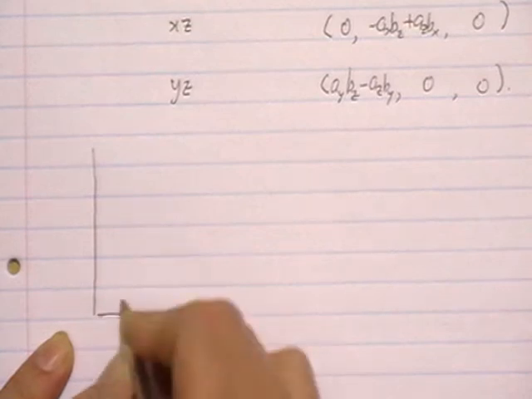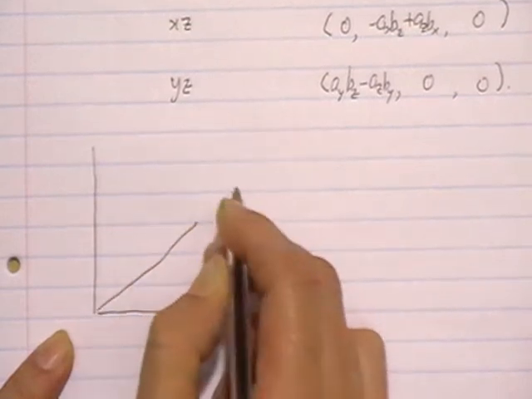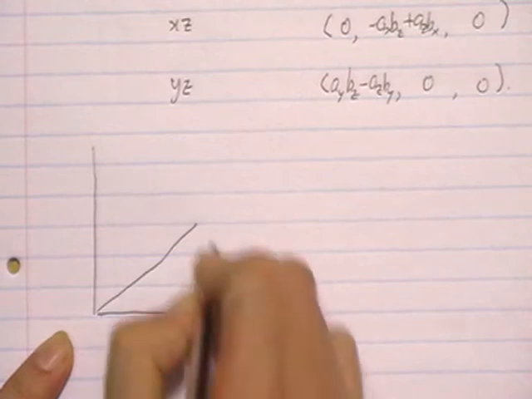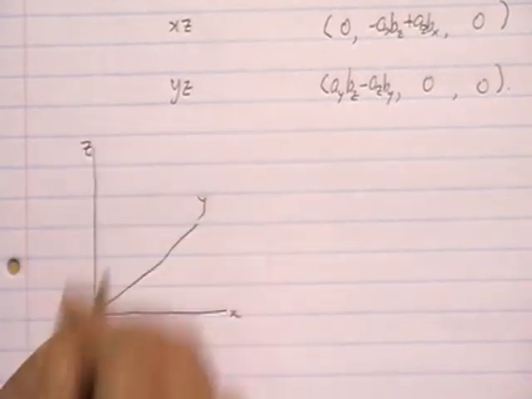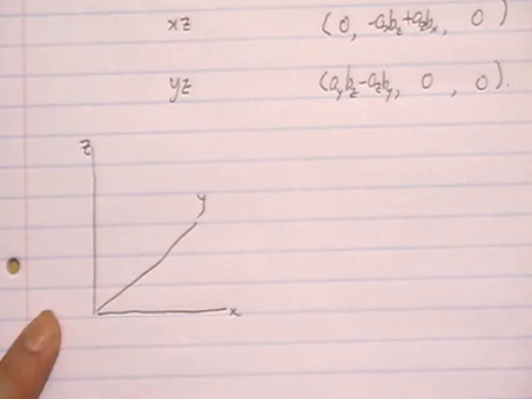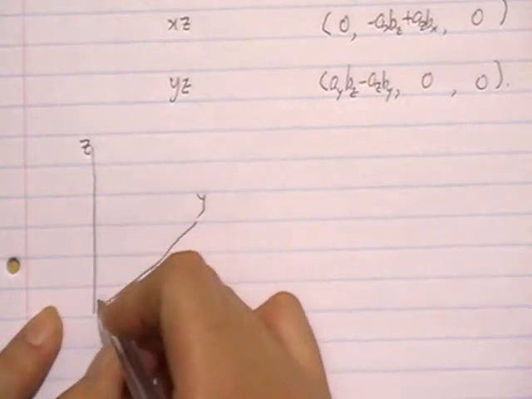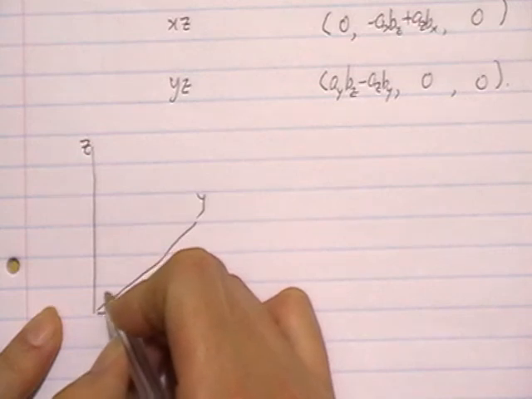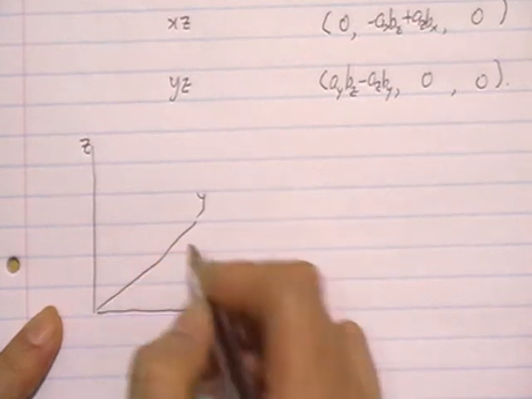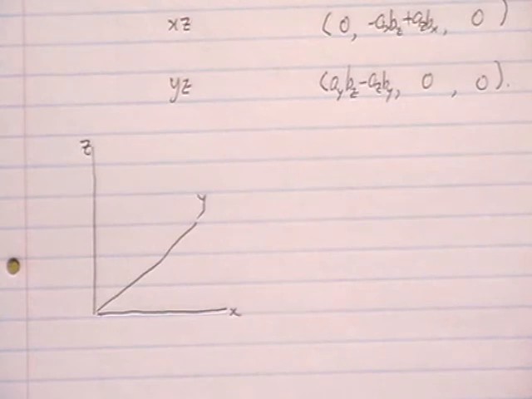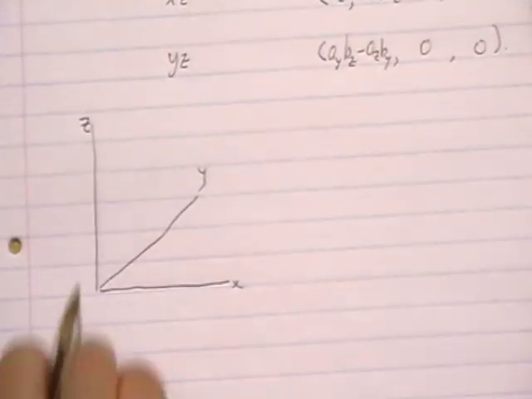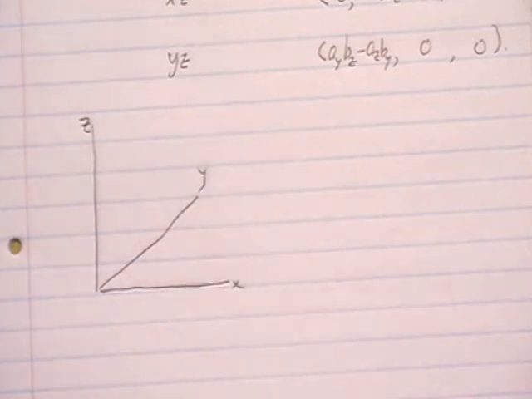It's always difficult to draw something in 3D. So suppose that I have A. It might help if I use a pen with a different color.